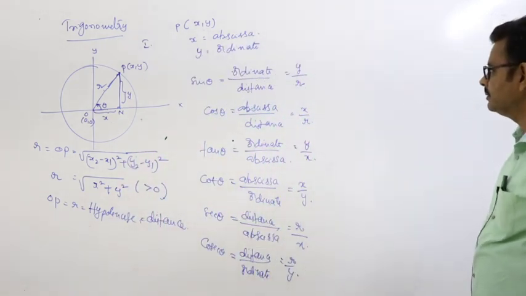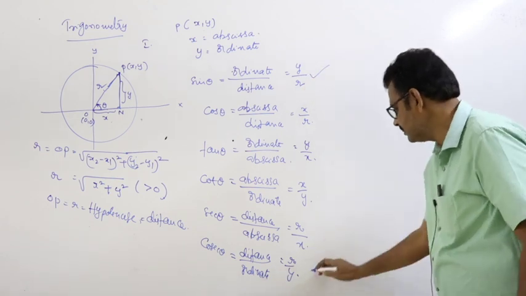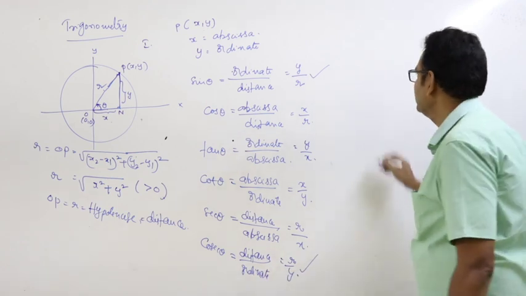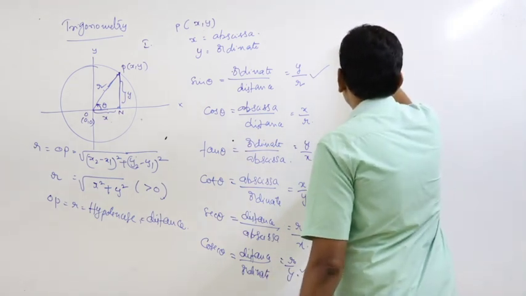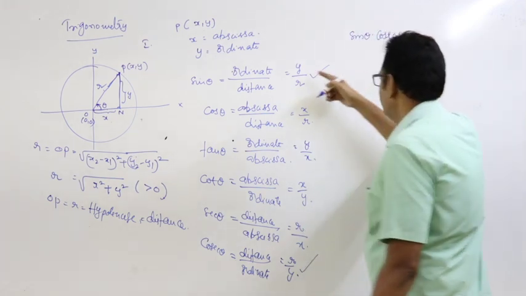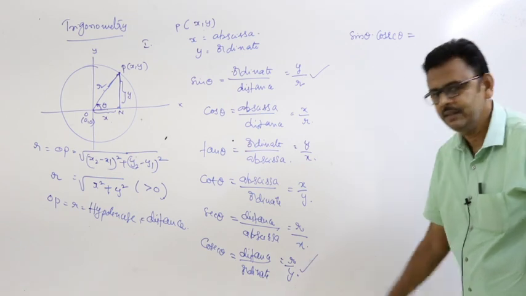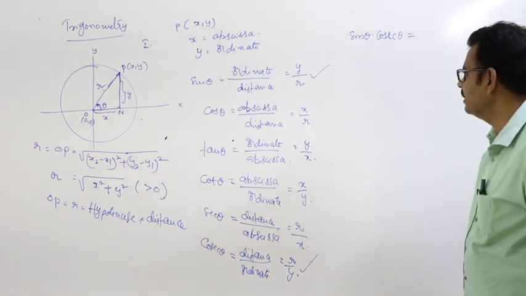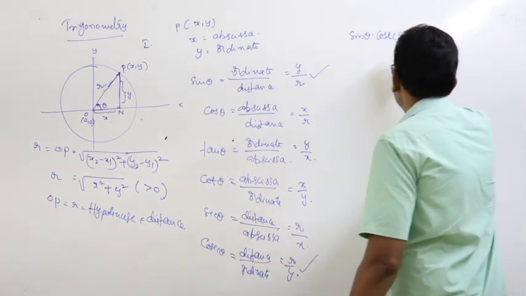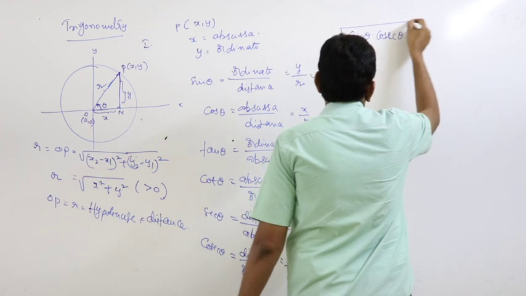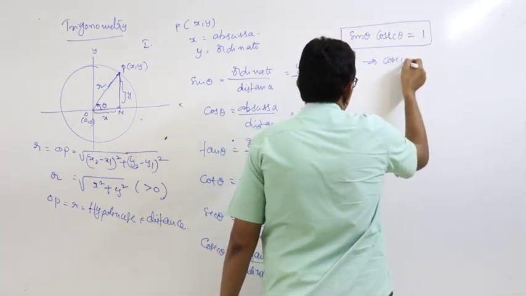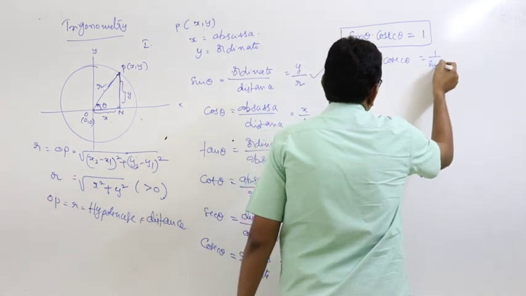Now you see that here sin theta into cosecant theta is equal to y by r into r by y, that is equal to 1. So sin theta into cosecant theta equals 1 implies cosecant theta is equal to 1 by sin theta.